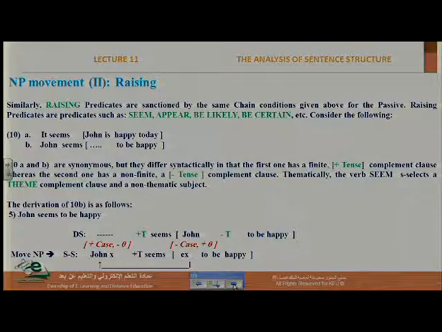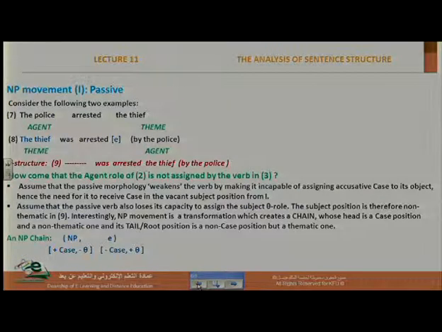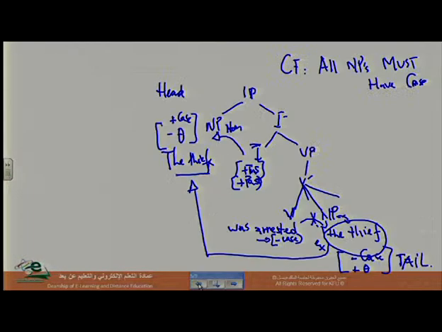Now, similarly, we call these predicates raising predicates. Why? Because if you remember, this NP is somehow in a lower position, as you can see, it's here. When it moves to the subject's position, and therefore to a higher position, we call this type of movement a raising type of movement.